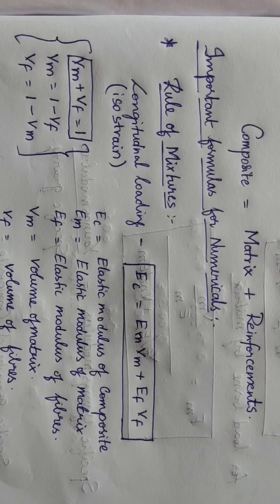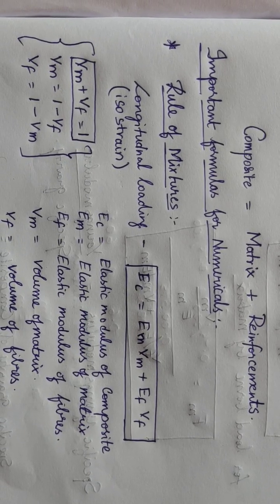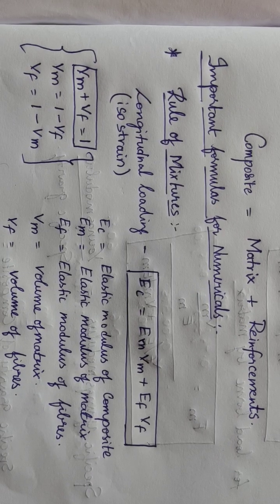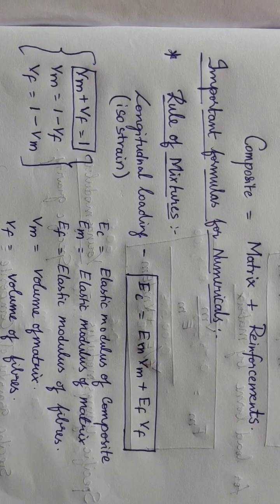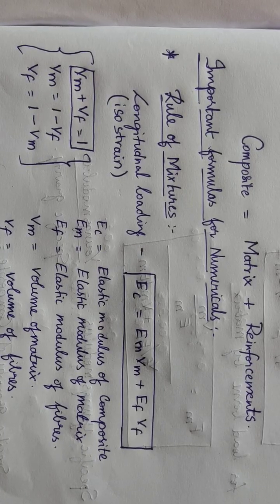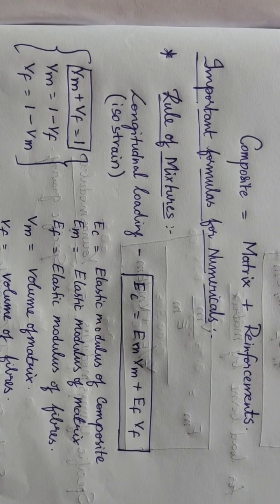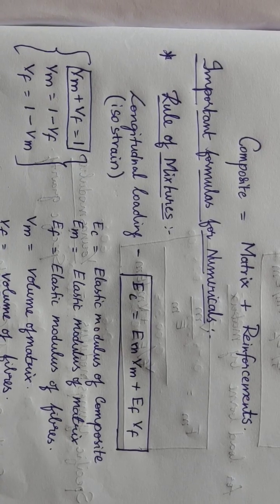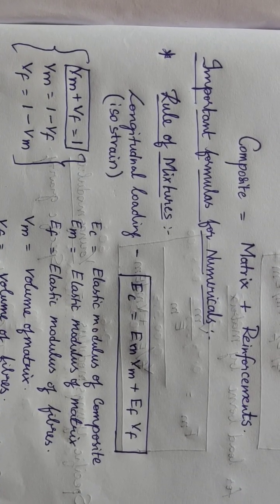Imagine a composite experiencing longitudinal loading. That means the load is along the fibers of the composite. The matrix and reinforcements are considered as fibers. So Ec = EmVm + EfVf.